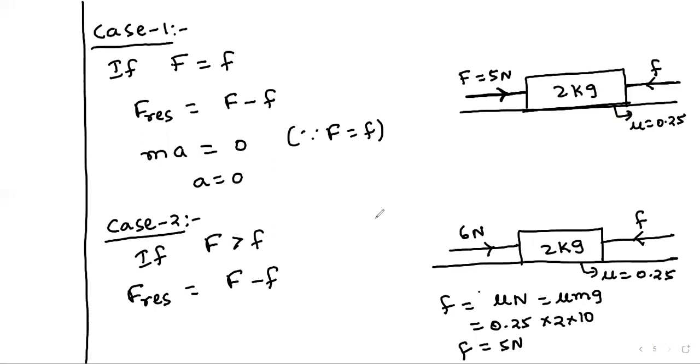So the applied force is greater than the frictional force. Due to this resultant force, we will have acceleration of the object. So the acceleration of the object equals 6 minus 5, the frictional force, divided by the mass 2, that means 1 by 2 meter per second square.